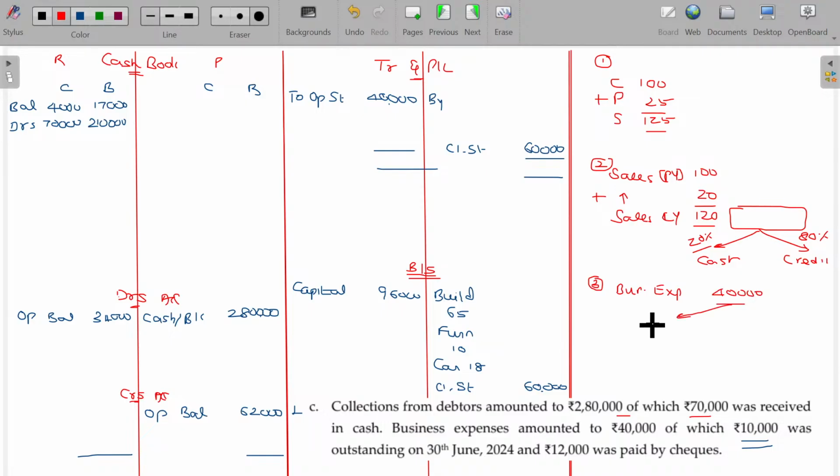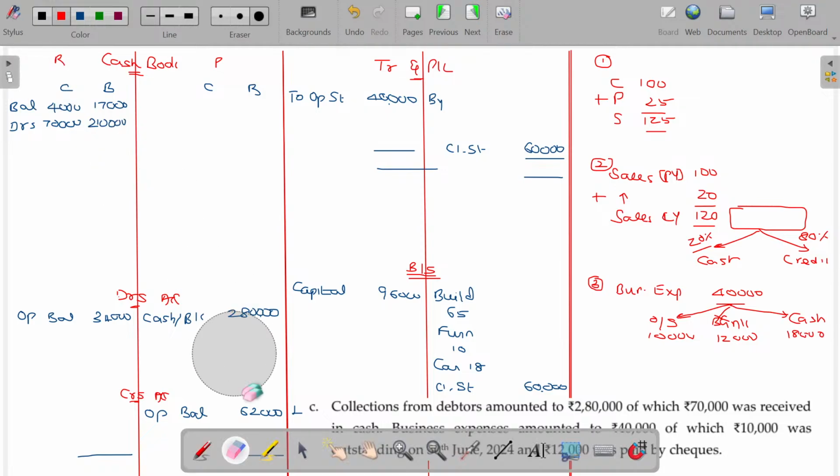Out of that, outstanding being 10,000. Payment by check being 12,000. Balance payment may be by way of cash, 18,000. So I had to post all these things, double entry.